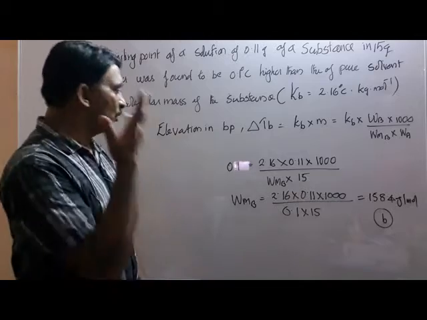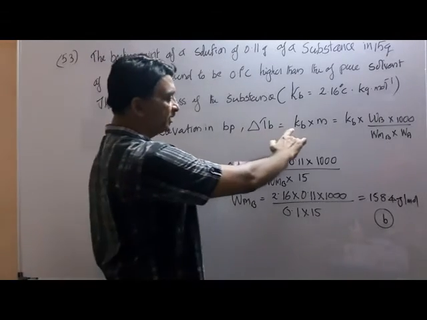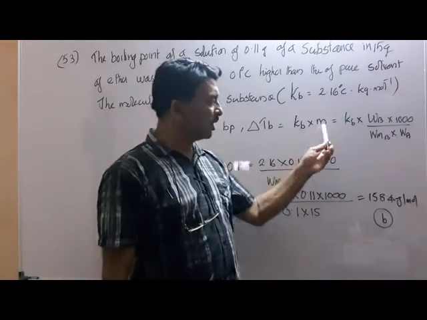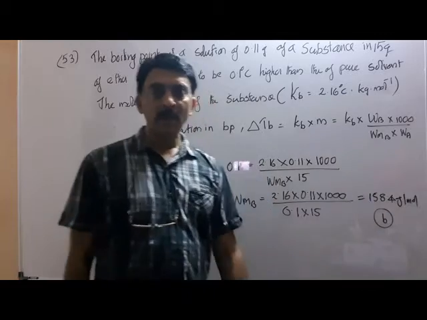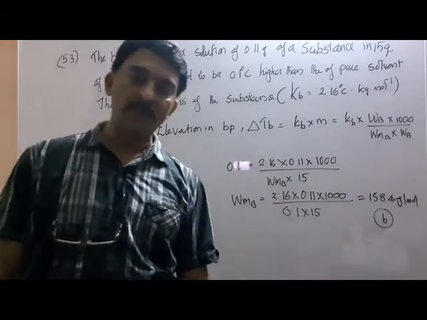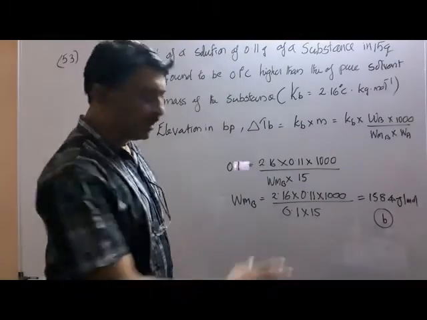Now coming to the answer. Elevation in boiling point delta Tb is equal to Kb into m. Here we have to elaborate the molality term as Wb divided by Wmb into 1000 by Wa. That is the elaboration for the molality term. Now we simply have to substitute.